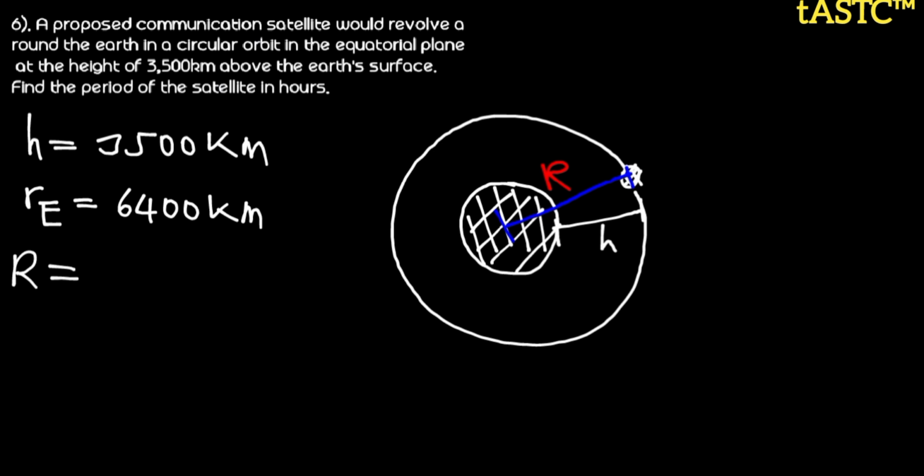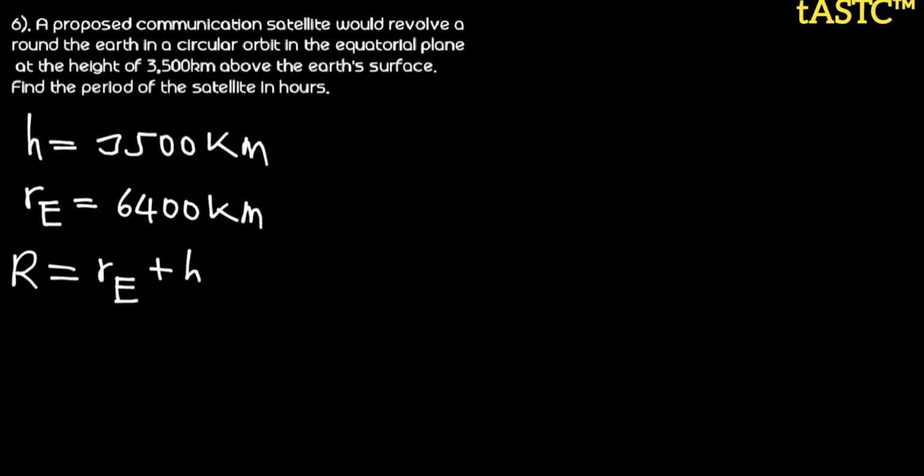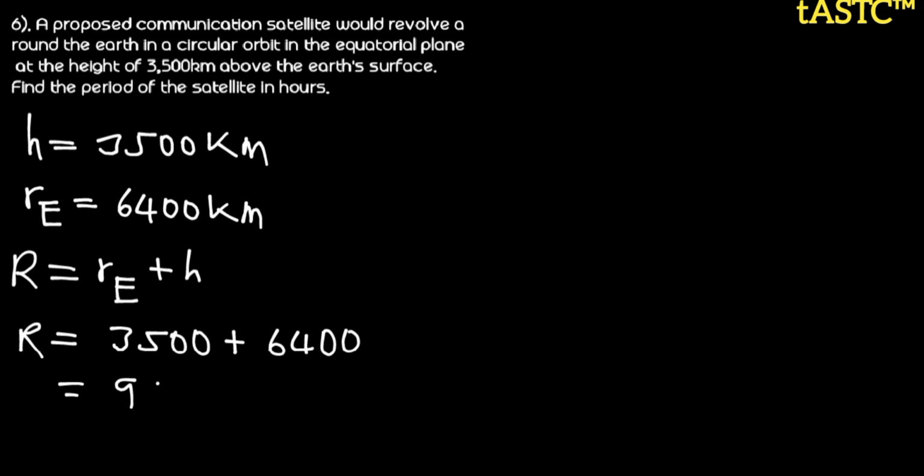But r is equal to the radius of the Earth added to the height above the ground required by the satellite. So let us find what r is going to be. Now we got to add 3,500 to 6,400. So this would give us 9,900.